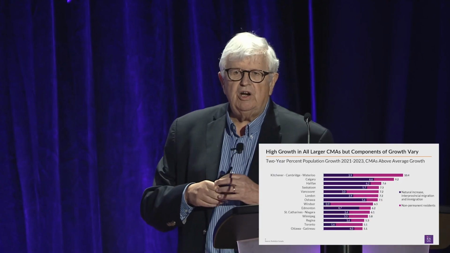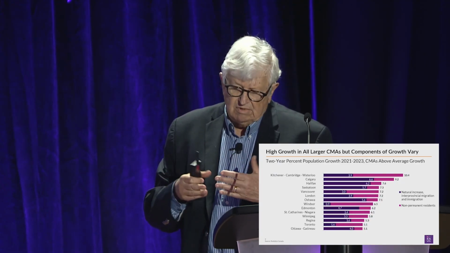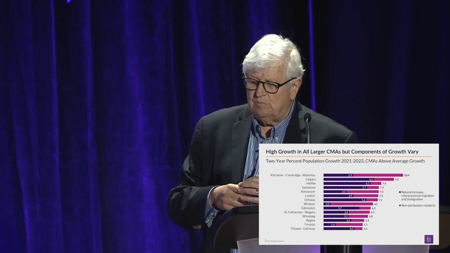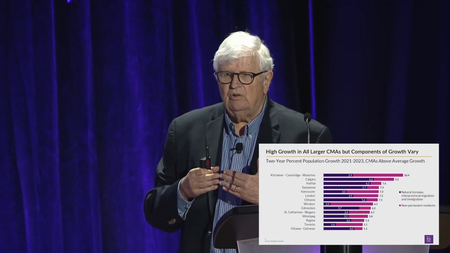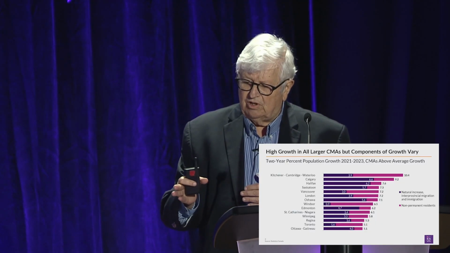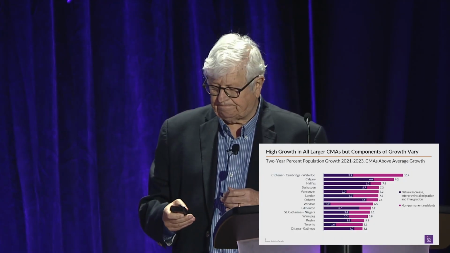Areas like Calgary, Halifax, Saskatoon, certainly the temporary migration important, but they were growing as a result of immigration and to some extent, certainly in Calgary, interprovincial migration. So you can see a variation in why different areas are growing. And that's important going forward because, as we'll see, if that number of non-permanent residents comes down, we're going to revert to a pattern of growth similar to the darkened bars here.